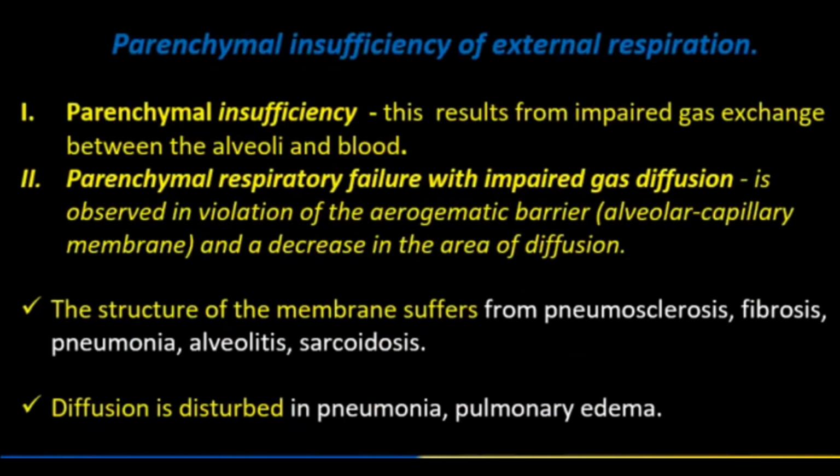The structure of the membrane suffers from pneumosclerosis, fibrosis, pneumonia, alveolitis, and sarcoidosis. Diffusion is disturbed in pneumonia and pulmonary edema.